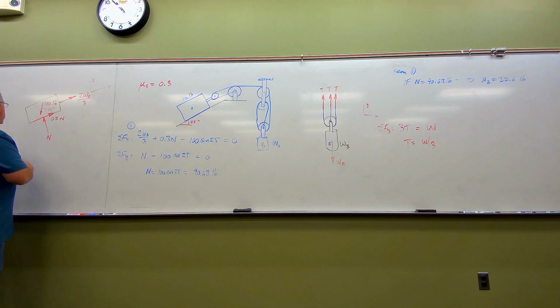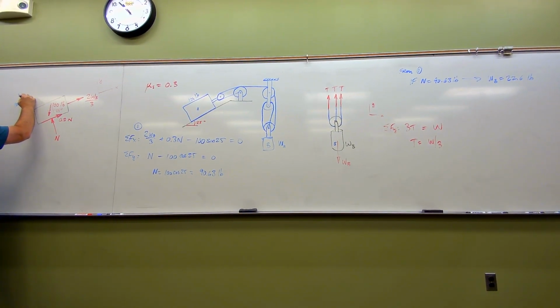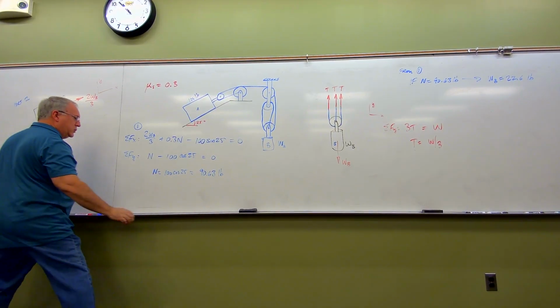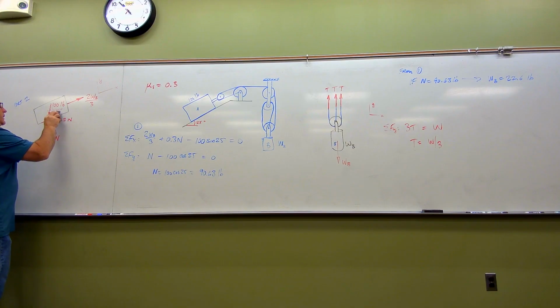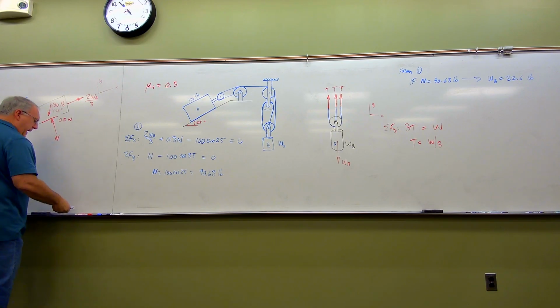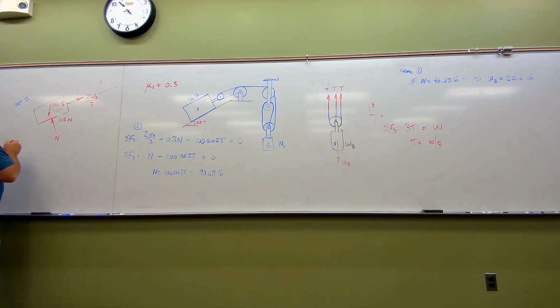So now, for part 2, I'm going to change my arrowhead over here. It's no longer going that way. Now the impending motion of the box is into the upper right, so I'm going to show my frictional force opposing that. It now goes this way.